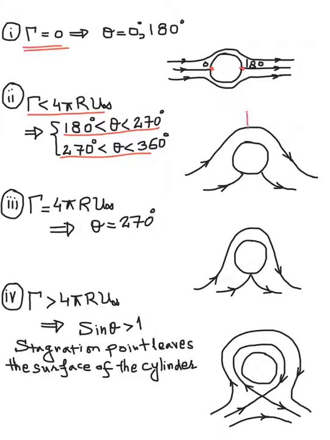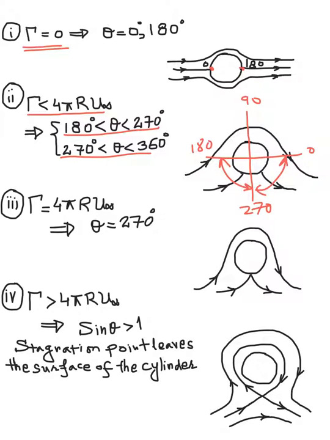So if I have my cylinder here and I divide this into 0, 90 degree, 180 degree and 270 degree, the first point will lie in this range. Similarly, the second point will lie in this range.